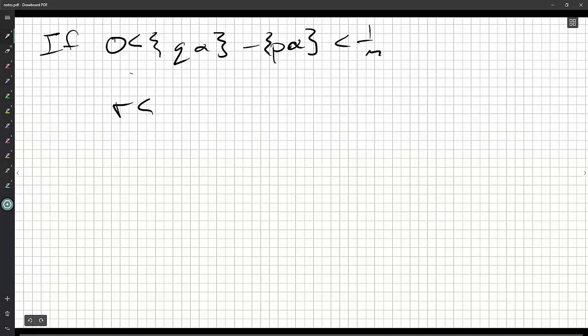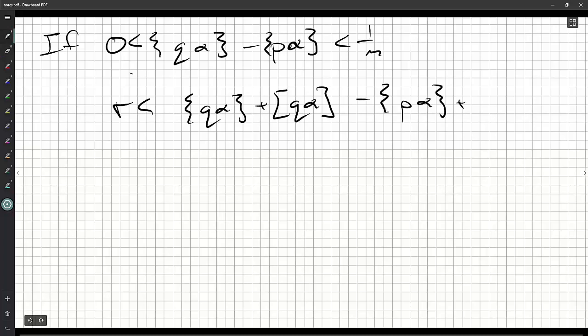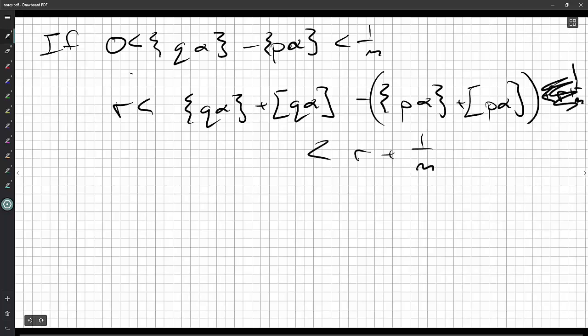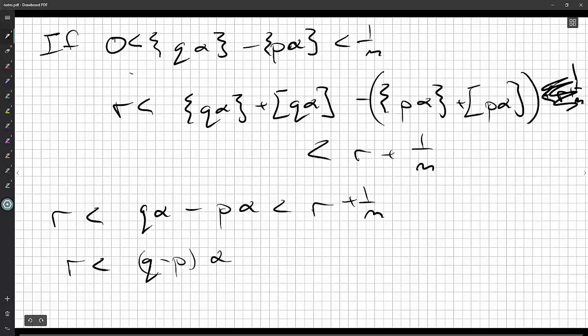R. So this will be minus R, and that'll be less than R plus 1 over m, which kind of got squeezed in here, so let's write it on another line. So then Q alpha minus P alpha is between R and R plus 1 over m, and there we go, now we can factor this out.